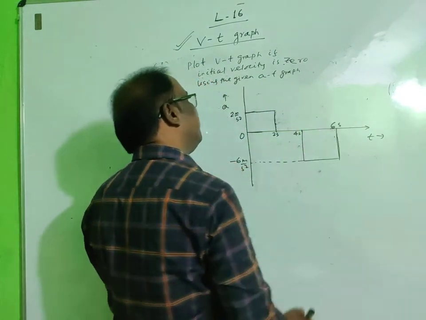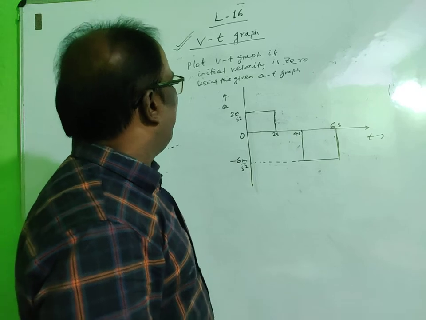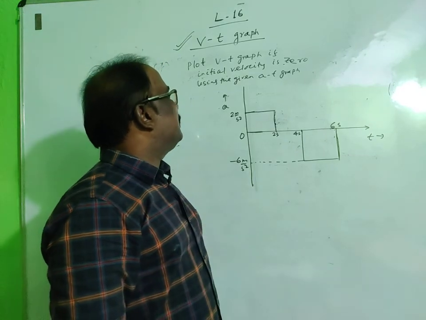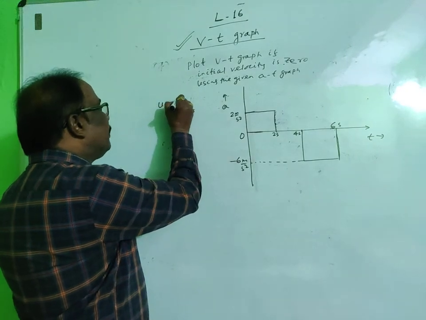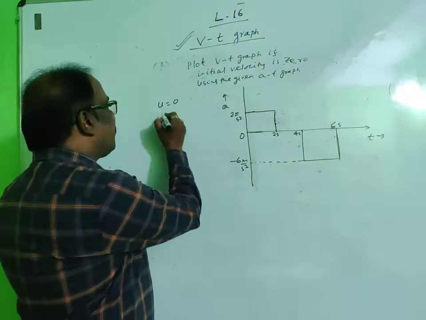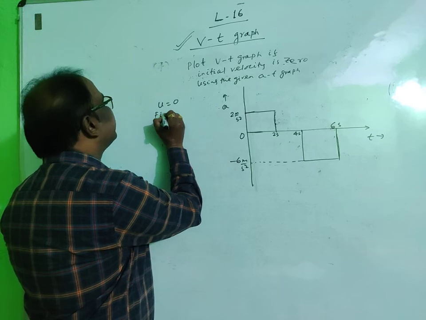Okay. We have to plot the VT graph using this acceleration time graph given initial velocity 0. See, for first 2 seconds.